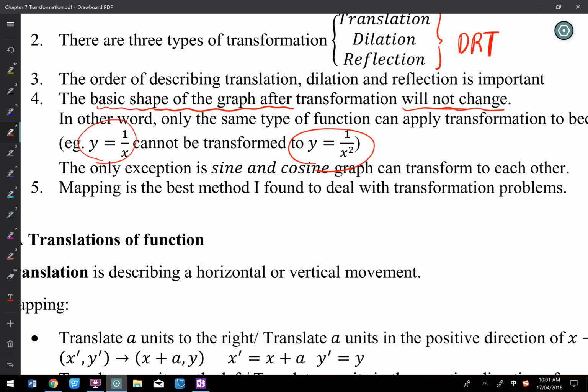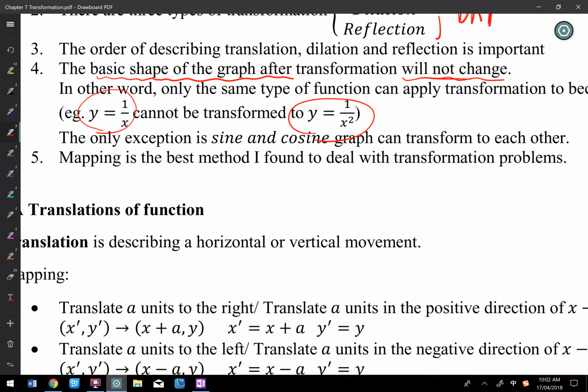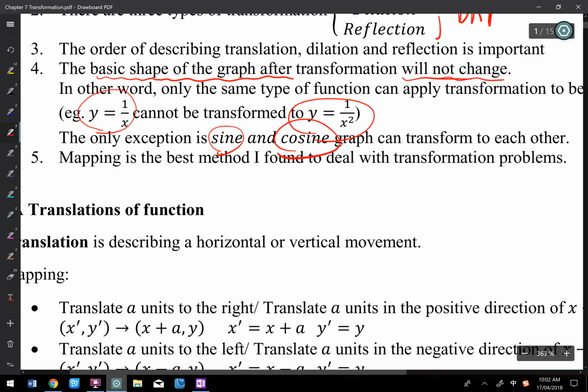A square root will still stay as a square root, and quadratic will still stay as a quadratic graph after transformation. The type of graph is not going to change. Transformation only does some stretch, some reflection, some movement, but the basic type of function does not change. There's only one exception, which is the sine graph and cosine graph.